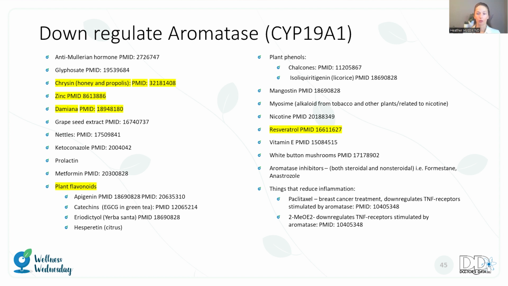There are pharmaceutical aromatase inhibitors, but these can cause side effects in men like erectile dysfunction and hot flashes. So unless there is a medical necessity for these medications, if you're just trying to decrease aromatase activity for purposes of hormone balance, you might consider these other natural options to increase the testosterone.